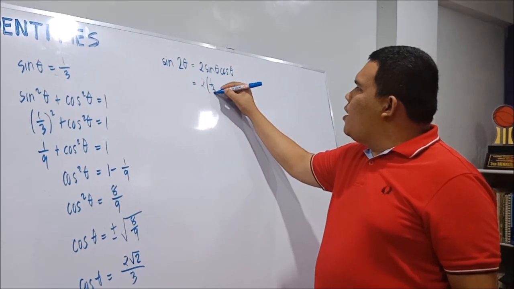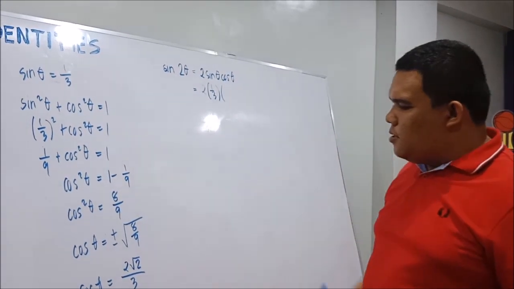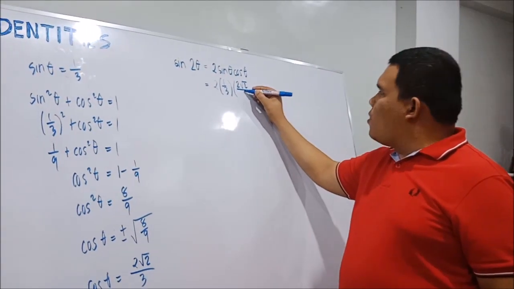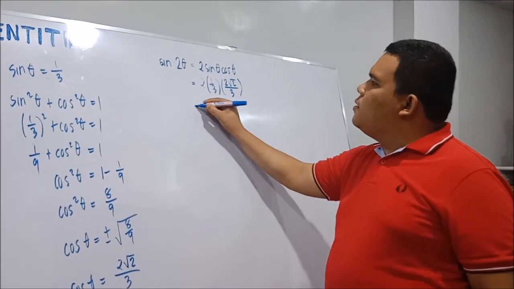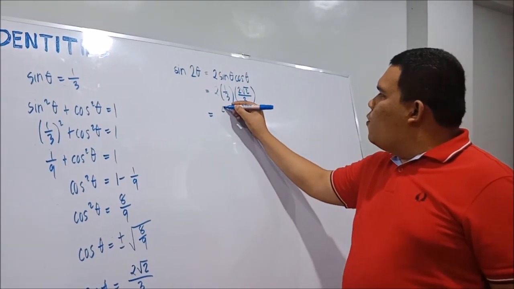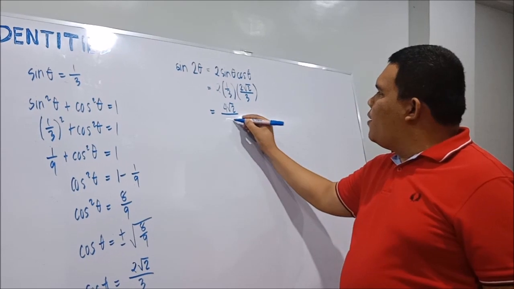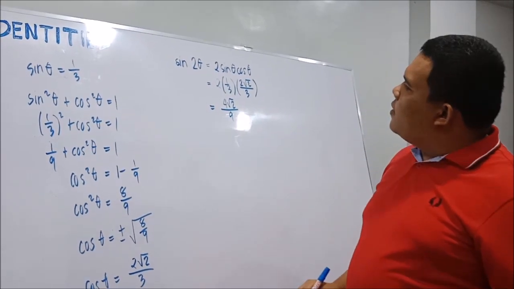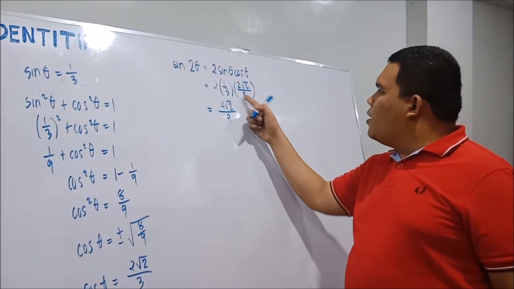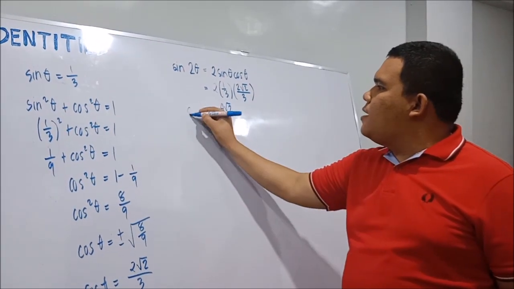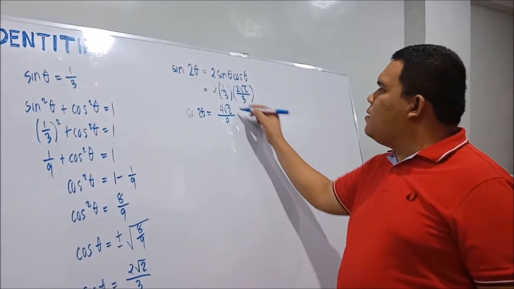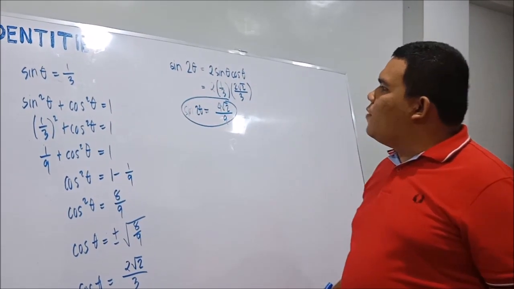So we have 1/3 here, times cosine theta, 2 square root of 2/3. Simplifying this one, we have 4 square root of 2/9. Again, 2 times 2 is 4, square root of 2, 3 times 3 is 9. So sine 2 theta is just equal to 4 square root of 2/9.